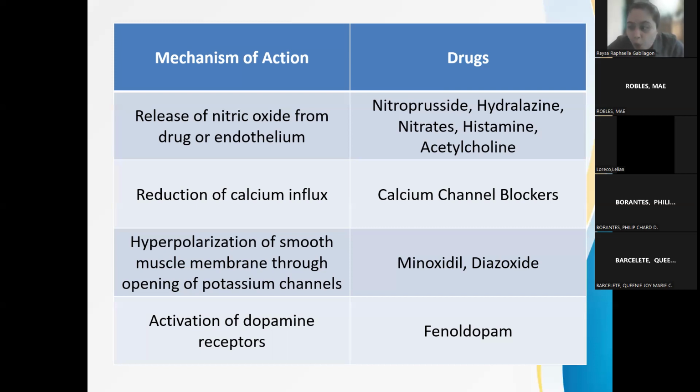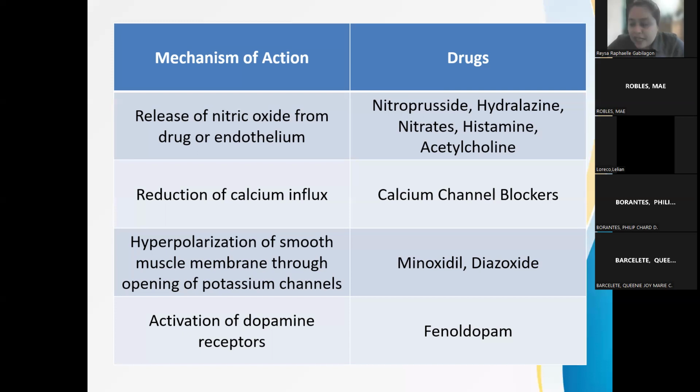If we contract the blood vessel, that leads to constriction. Contraction means constriction, because when the muscle contracts, the passage for blood becomes narrower. So do not forget that contraction of the blood vessel means constriction.